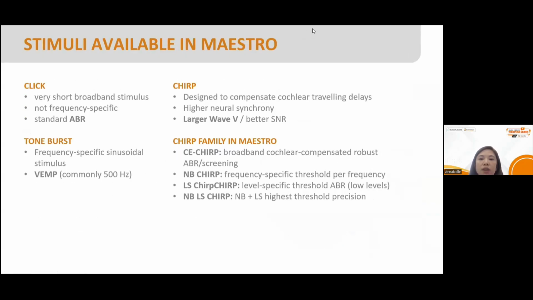For the stimuli available in the Celesta, we use click, tone burst, the chirp, and the chirp family, which is quite exclusive to the Maestro. Different kinds of stimuli are used in different tests and setups. Remember that the Maestro software already has pre-designed parameters, so you don't have to check your books or study materials every time for the stimulus.